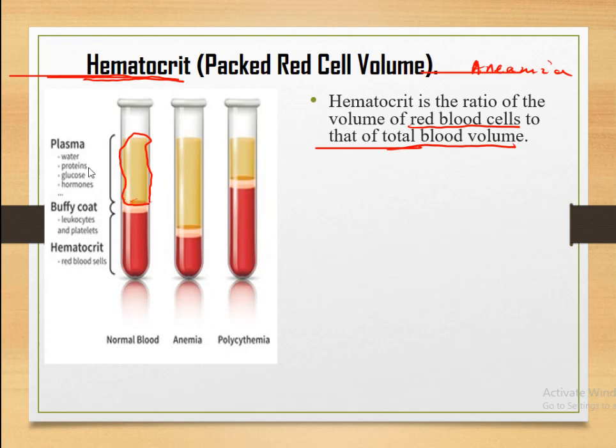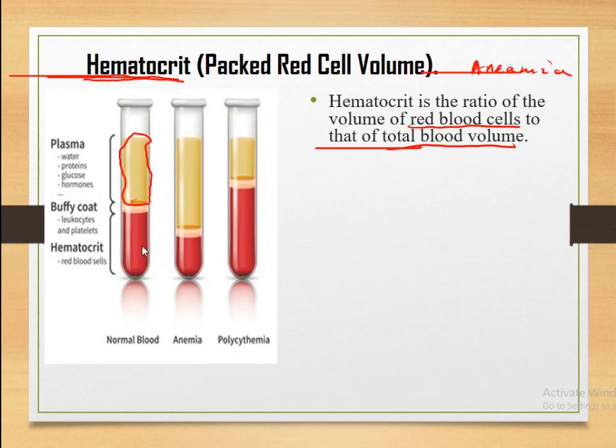Plasma, as I said, is made up of different things. You can talk of hormones, glucose, proteins, and water. This plasma in a normal human being forms about 60% like we stated.